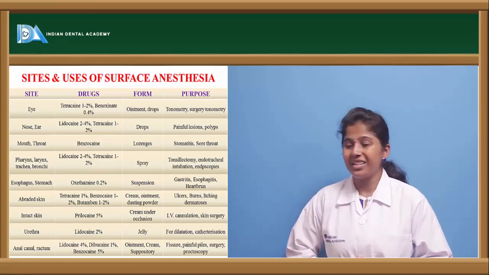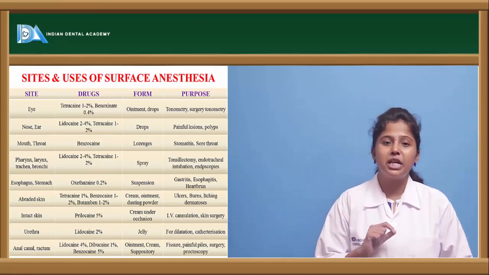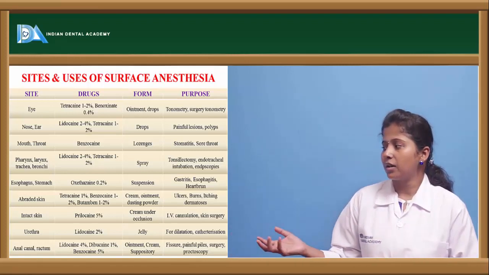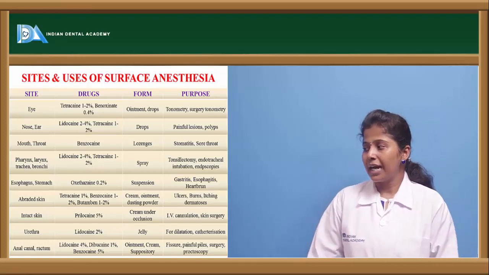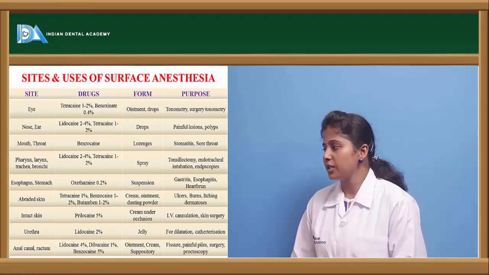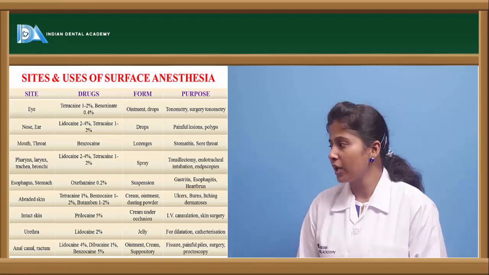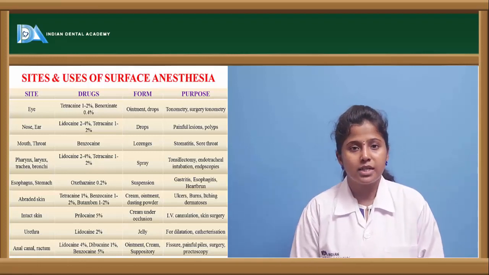And for the urethra, lidocaine at 2% in the form of jelly is preferred. So we apply the jelly, and it is used for dilatation of the urethra. And for the anal canal and rectum region, drugs like lidocaine 4%, dibucaine 1%, and benzocaine 5% are given in the form of ointment, cream, or suppositories.